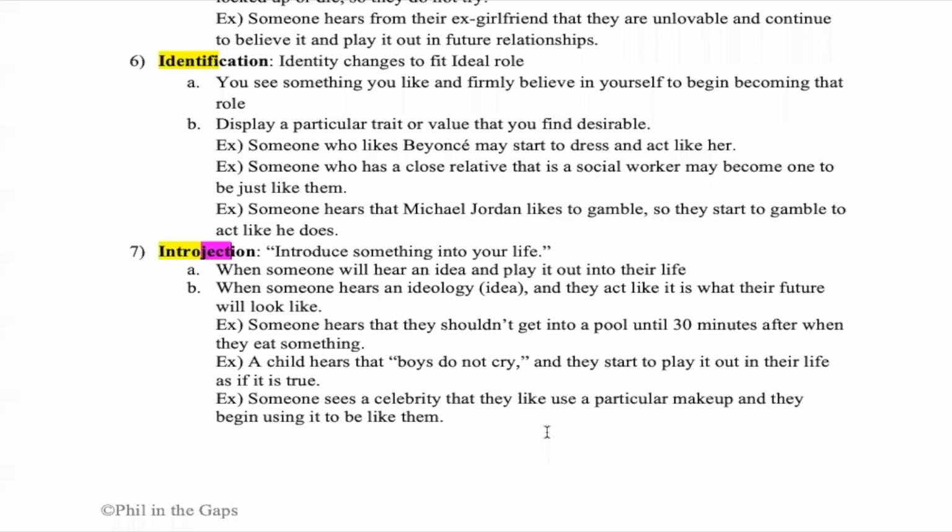So identification is where somebody will identify as that particular individual, while introjection is where something is introduced to the individual. However, it is not making up their identity, as well as it's something that could be injected in your life, but could fade away over time.